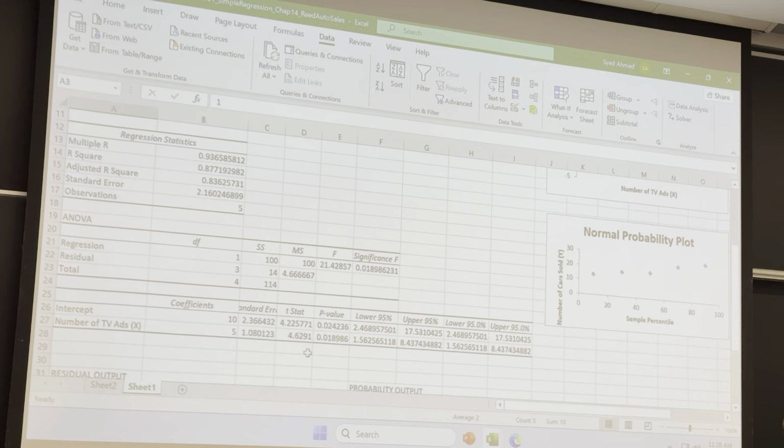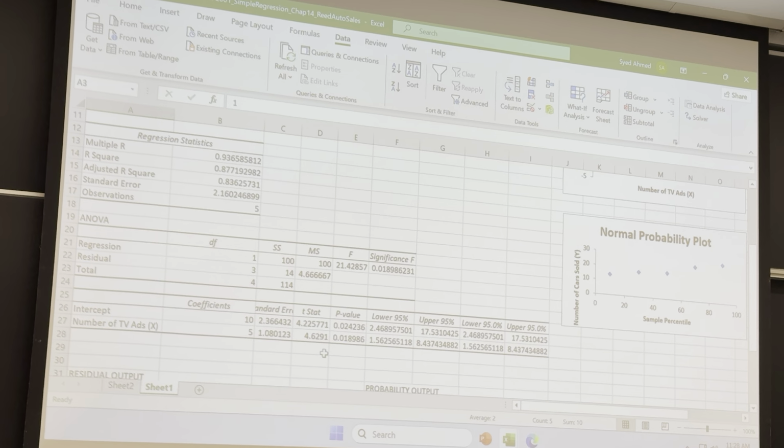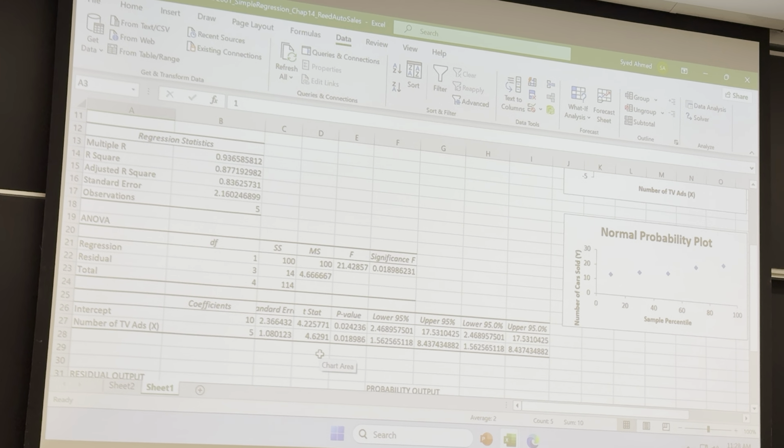But here you can get the exact p value. So if your t value is 4.63, your p value is going to be 0.019. So we have the exact answer because the computer is solving it for you, okay? So this is your p value.